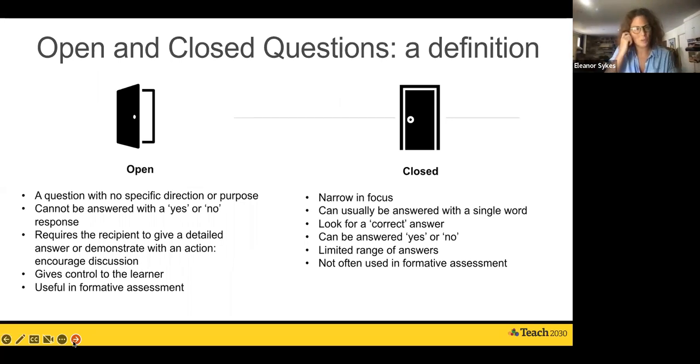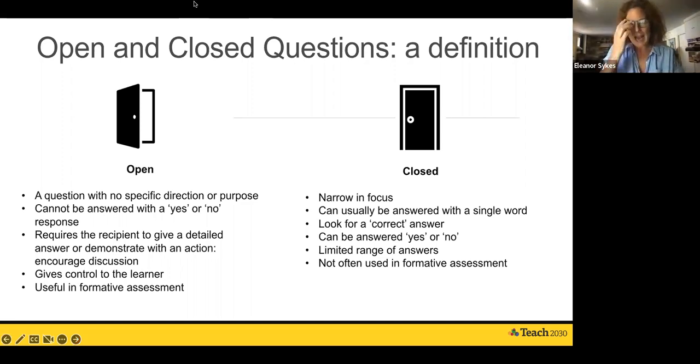So first of all, it's worth exploring the difference between open and closed questions, as it's an area that we all can get confused with quite regularly. We think we're asking an open question, but actually it's more closed. So there are some very fundamental rules or definitions as to what makes a question open or closed. An open question is a question without a specific direction or purpose.